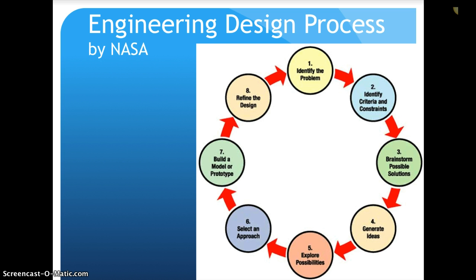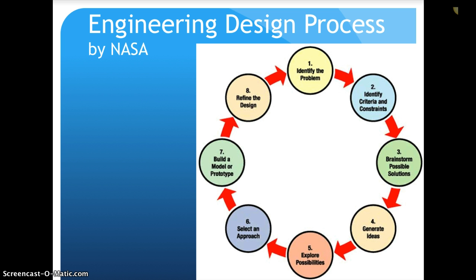So basically what the engineering design process is, is this cycle, and you may be familiar with this, but just to quickly go over it, if you start here at the top with number one, kids start with identifying a problem, or you give the students a problem, and then identifying what criteria or constraints may be necessary for the project.